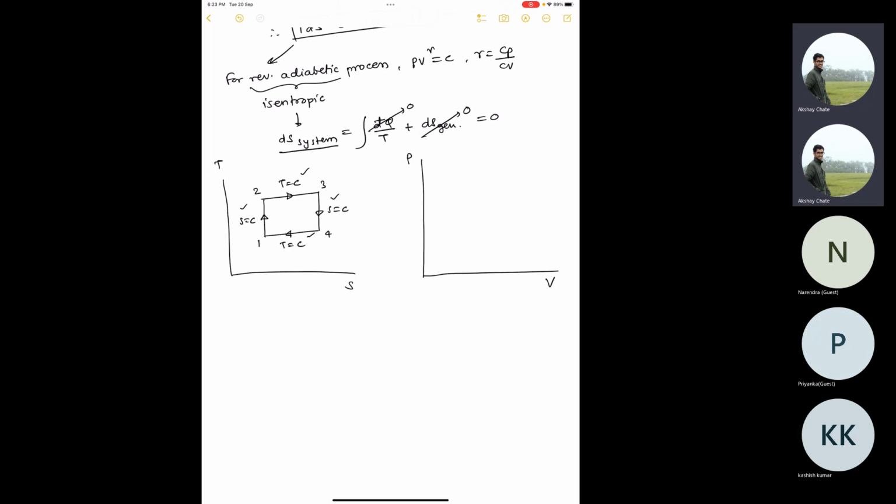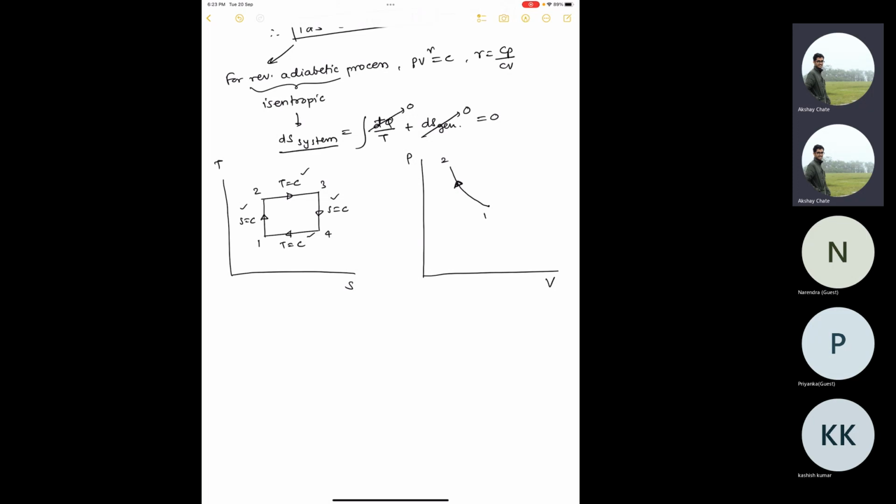So your temperature is increasing but your entropy is constant. Generally when you show it on a PV plot, it's a compression process, so it will be something like this. If I am not wrong, it will go this way because during compression pressure increases, volume decreases, and temperature also increases. So this line will somewhat look like this, and this will be your 1 2.